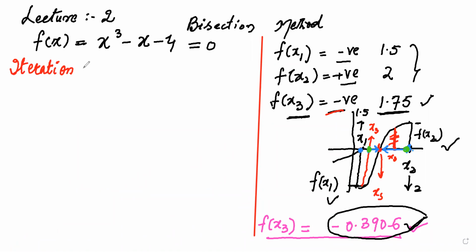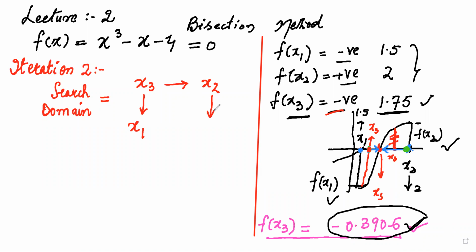For the second iteration, my search domain is from x3 to x2. That is, in iteration 2, my x1 will be x3 and x2 is x2. So x1 is equal to x3, that's 1.75, and our x2 is equal to 2.